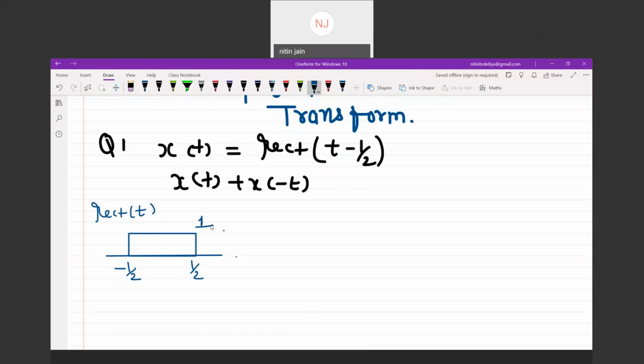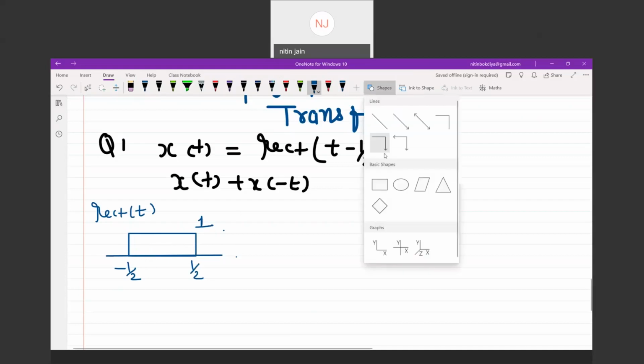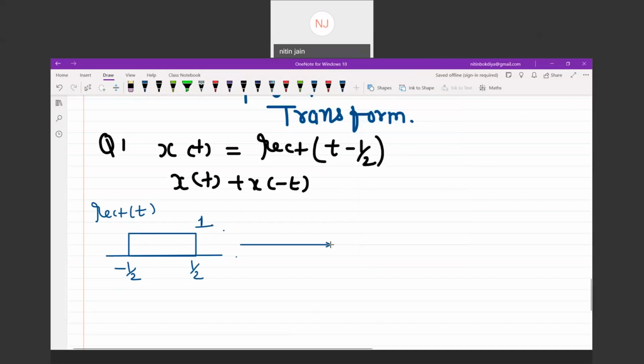This function is known as rect of t, and we know that the Fourier transform of this function is sine of ω by 2 divided by ω by 2, with the area outside. So this is the Fourier transform of rect of t by 2. Now what I am saying is rect of (t minus 1 by 2) can be written as e to the power minus j ω by 2.